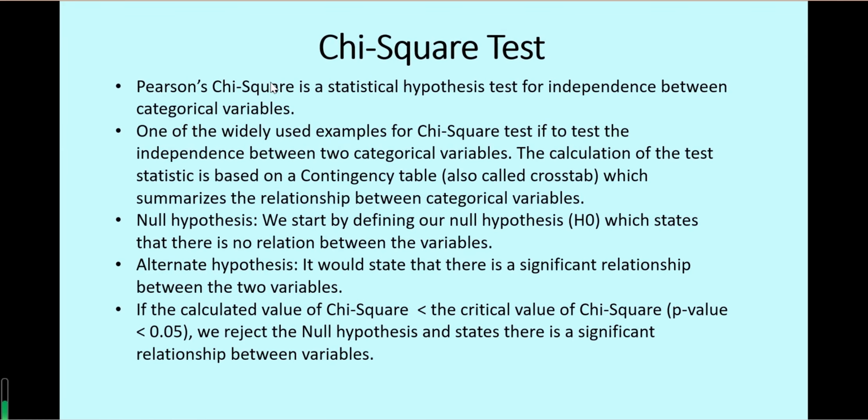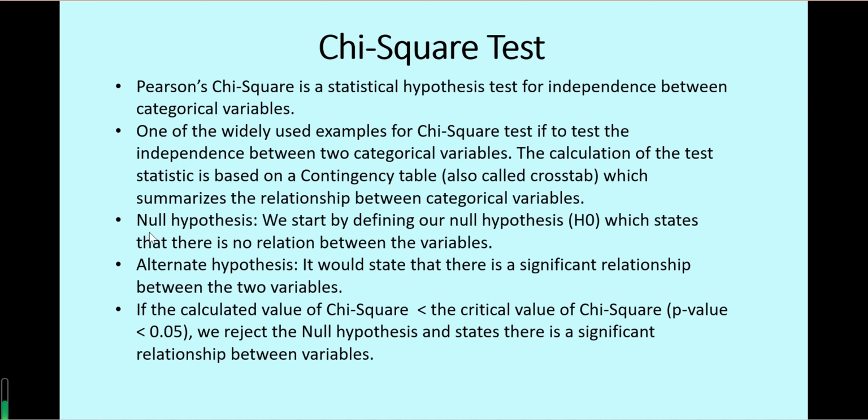Chi-square test, also called Pearson's chi-square test, is a statistical hypothesis test for independence between categorical variables. One of the widely used examples is to test the independence between two categorical variables. The calculation of the test statistic is based on a contingency table, also called crosstab, which summarizes the relationship between categorical variables.